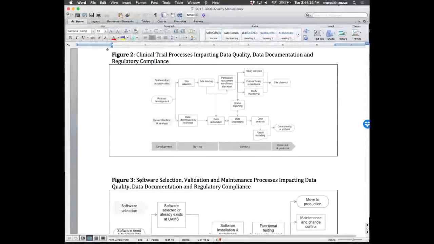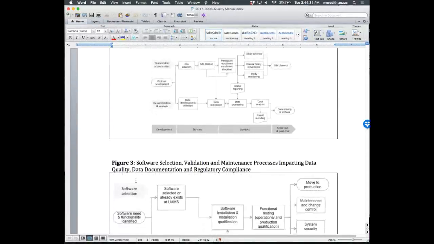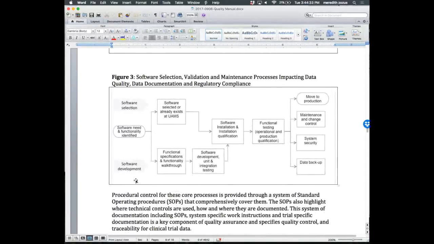So this is the general data collection and processing, and then we also did one for the infrastructure build, which is getting an electronic data capture system installed, qualified, and validated for the particular regulations that happen to apply here.